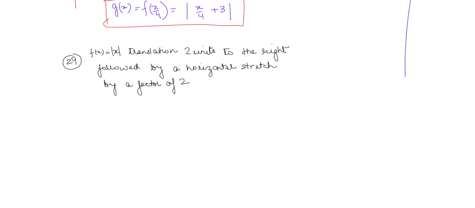So this is multiple steps, and we have to write g of x. First it moves 2 units to the right. We know when it moves 2 units right, it is like f of x minus 2. So this is 2 units right, and we have to follow the steps.